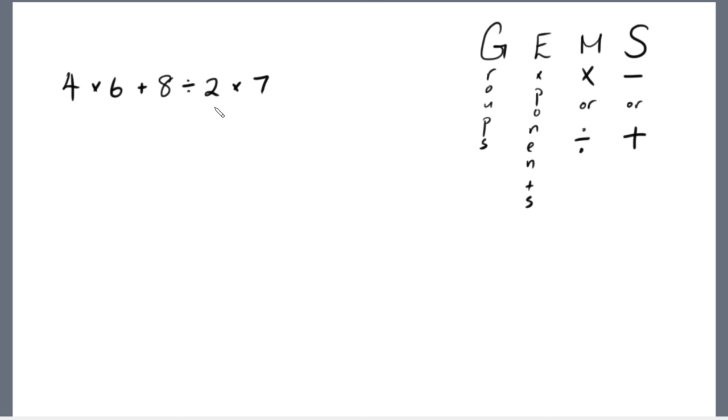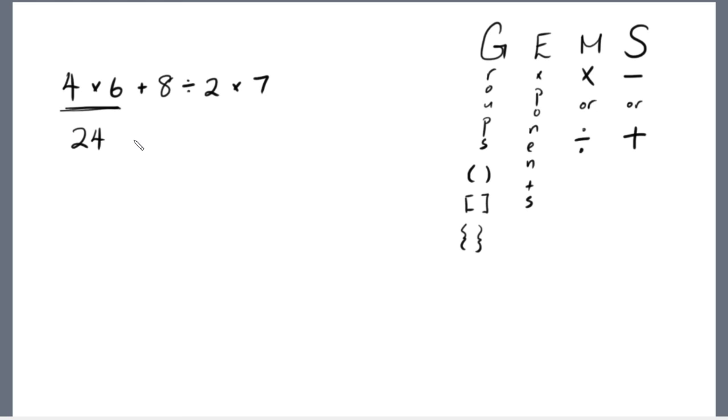There are no groups, and by groups I mean parentheses, brackets, all those things. You're not going to be working with brackets in 5th grade. You might see it more next year. So there are no groups, there are no exponents, but there is a multiplication or division from left to right. And I noticed this is the first multiplication that shows up.